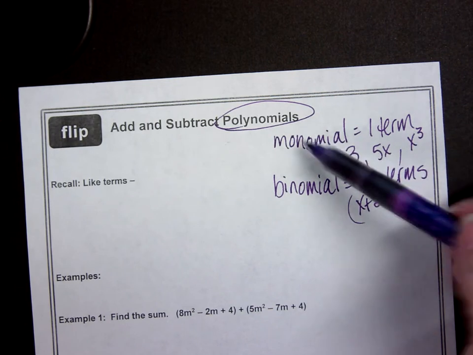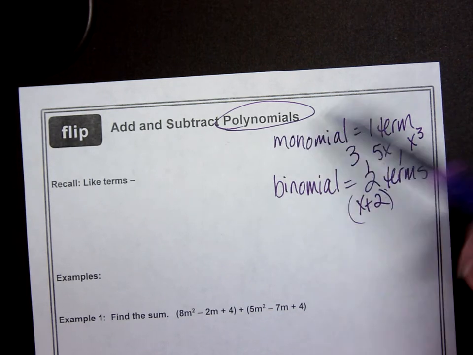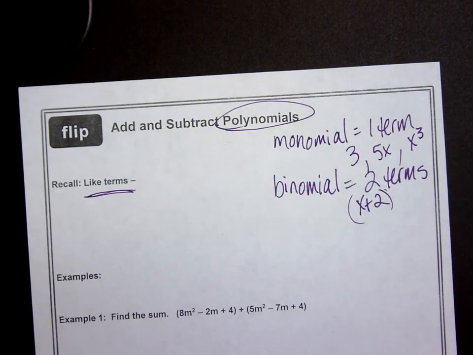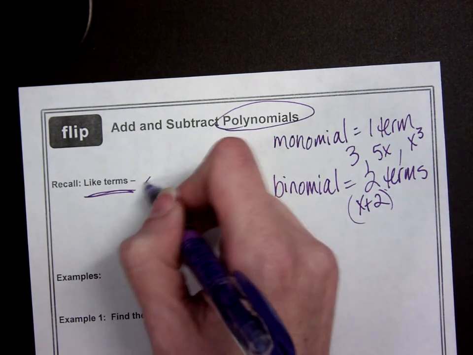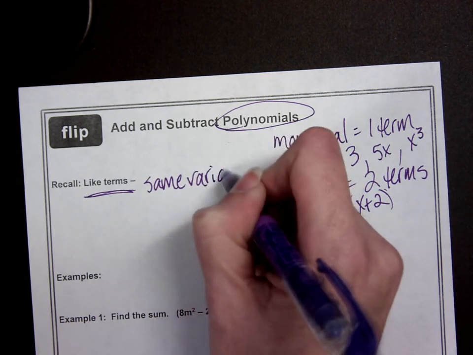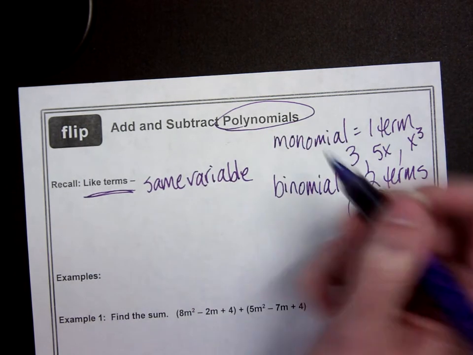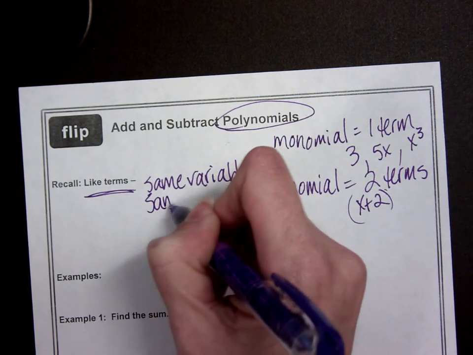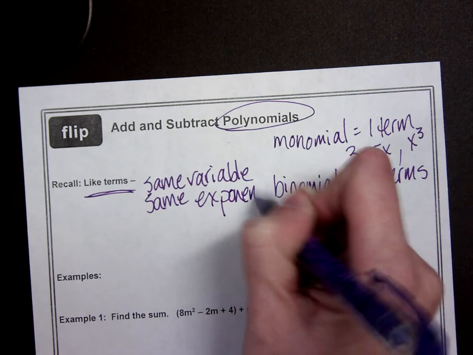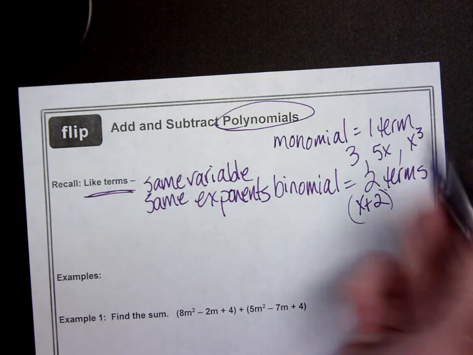So we're going to talk about adding and subtracting them, and the key to it is recalling like terms. Okay, so like terms have the same variable and the same exponents. Okay.